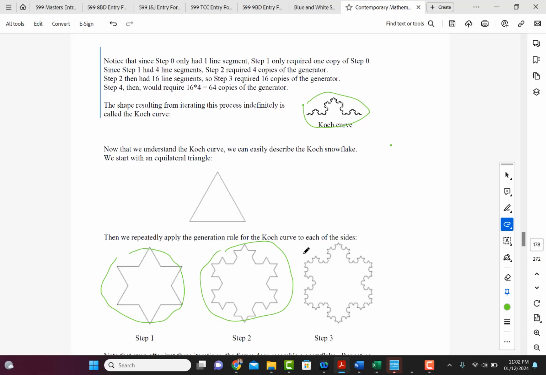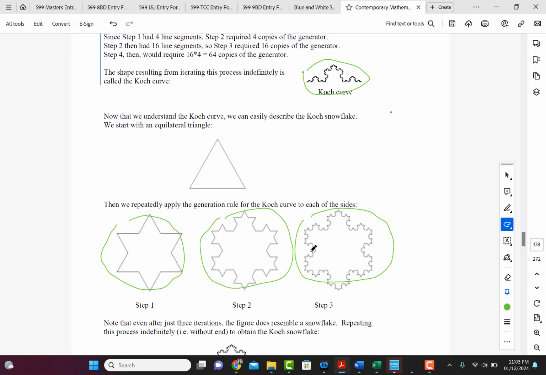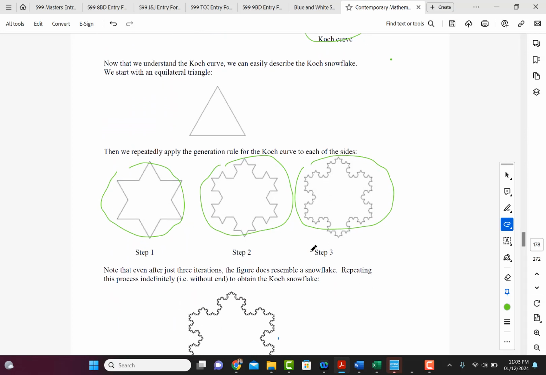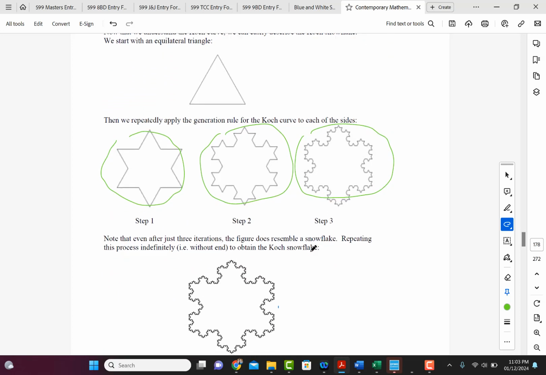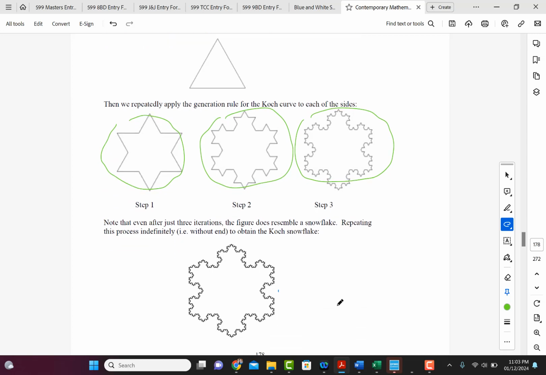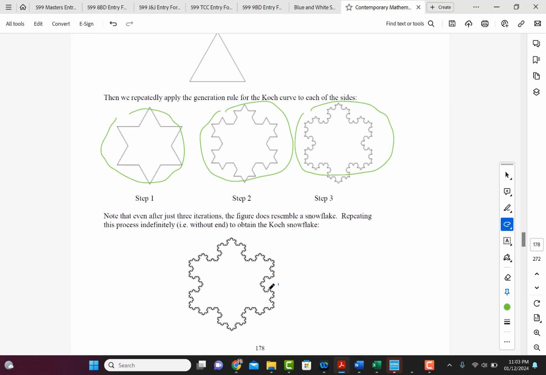And then the 3rd iteration, we get this, and so on and so forth. As we repeat the process indefinitely, we end up with what's called the Koch snowflake, which is this right here. And if we were able to zoom in to one of these parts, we would see the same thing keep going on.